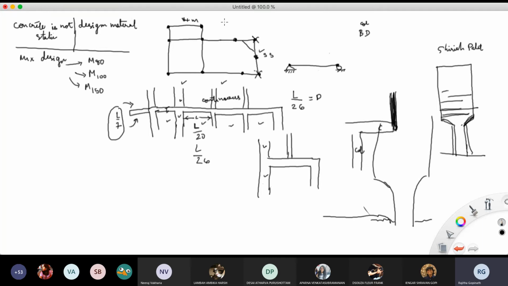It is not necessary. In RCC, you can take a beam as long as 7-8 meters. Okay. If it's a high performance concrete or something like that, you can even go beyond 12 meters also. But then you have to say that you are designing a major convention center or something like that.